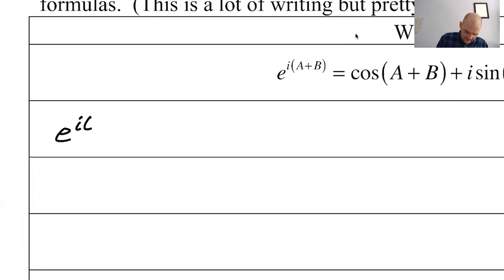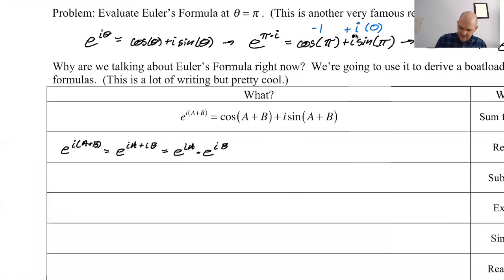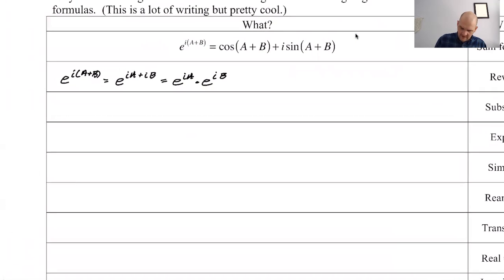e to the i(a plus b) is the same as e to the ia plus ib, which is e to the ia times e to the ib, right? That's just properties of exponents.